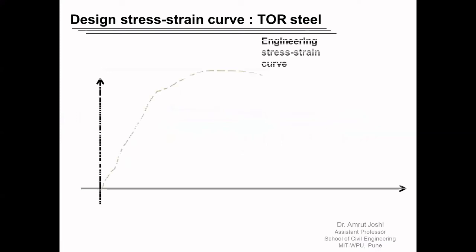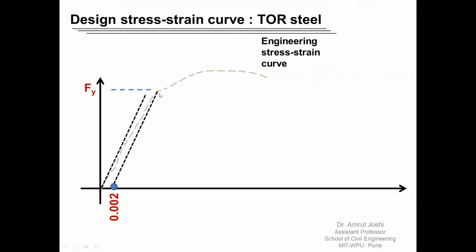Now let us look at the design stress strain curve for torsteel. For torsteel, the experimentally obtained engineering stress strain curve looks something like that. It doesn't have a definite yield point. So therefore, what we do is at the strain value of 0.002, we draw a line parallel to the initial tangent drawn to the stress strain curve.